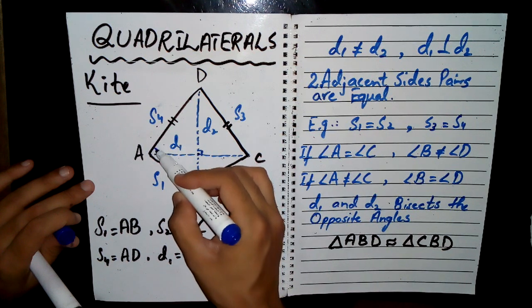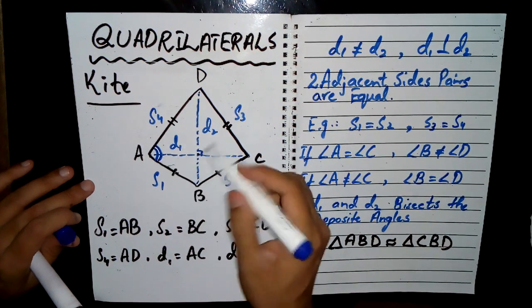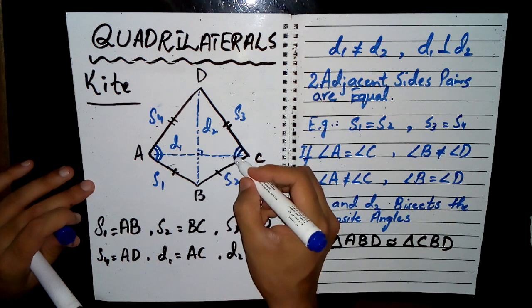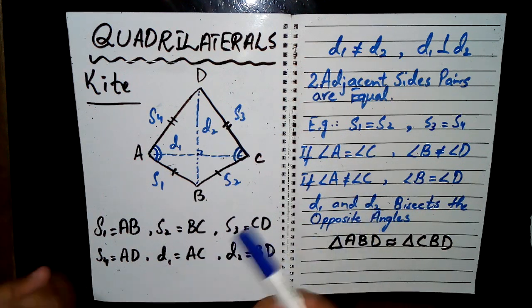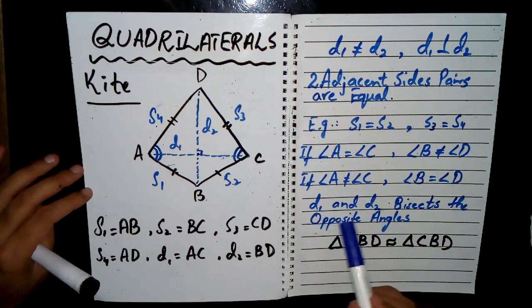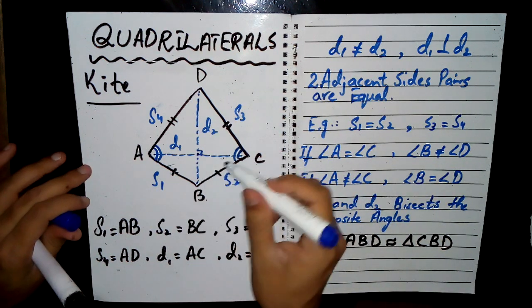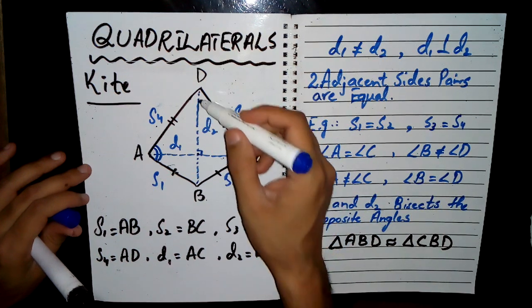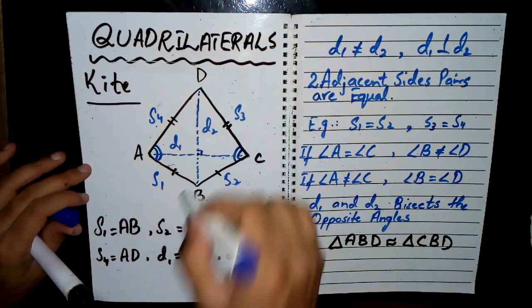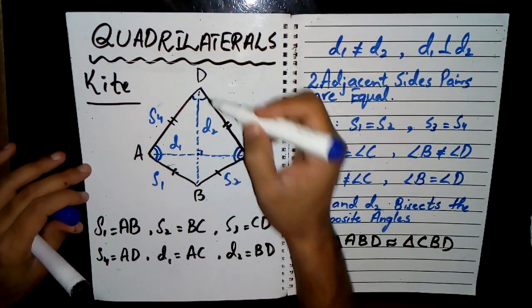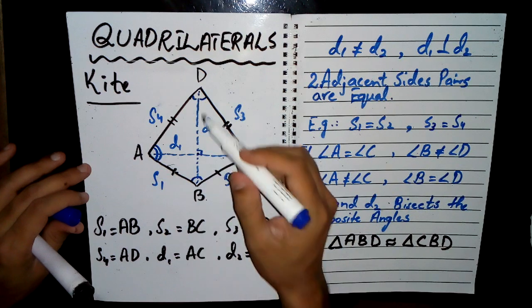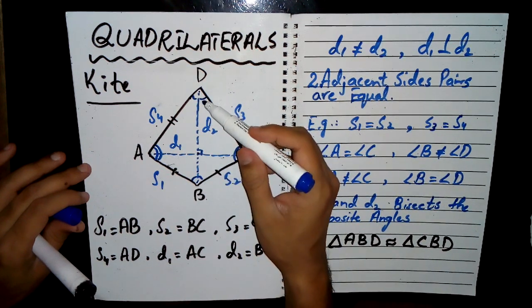In this diagram, this angle is equal to this angle, or in other cases vice versa can happen. Diagonal 1 and diagonal 2 always bisect the opposite angles, that is, diagonal 2 in this diagram has bisected these two angles. So angle B and angle D are bisected.